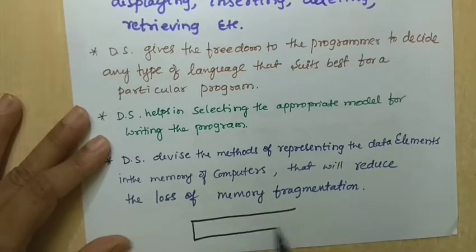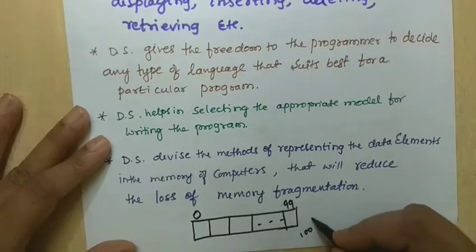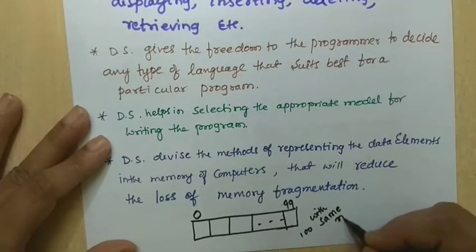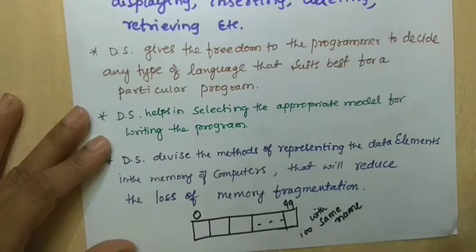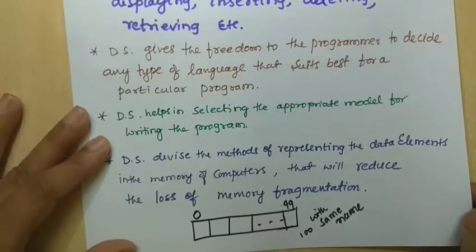That is nothing but an array. All 100 elements, starting from 0 up to 99, the last location, can be stored together with the same name. This reduces the loss of memory.